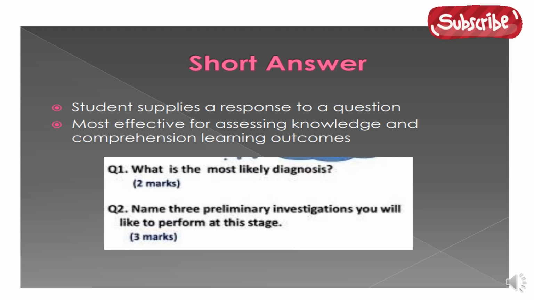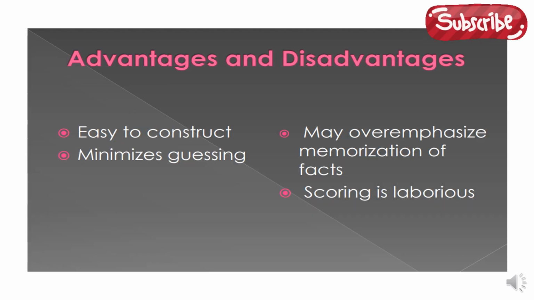Now, short answer, where a student supplies a response to questions, most effective for assessing knowledge and comprehension learning outcomes. There are two questions: what is the most likely diagnosis? It has 2 marks, so this is a very short answer. The next is name three preliminary investigations you will perform at this stage. So this is also a short question answer. It also has advantages and disadvantages: easy to construct and minimizes guessing.